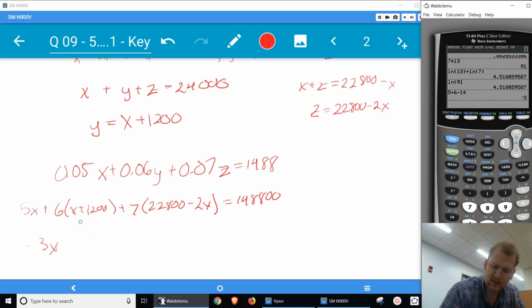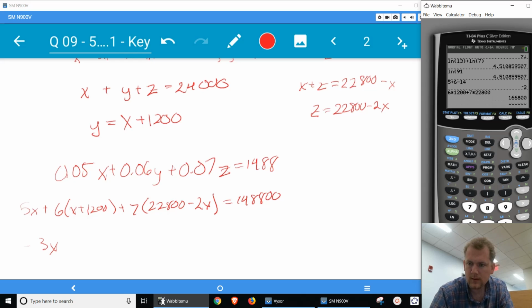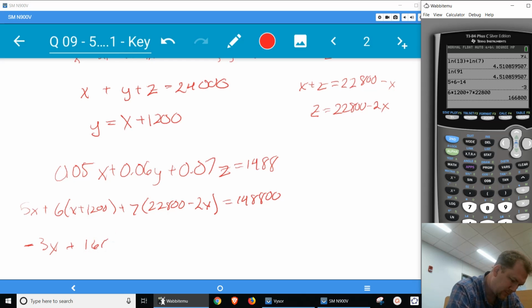Then we have 6 times 1,200 plus 7 times 22,800. So minus 3x, 6 plus 1200, 7 plus 22,800. So then we have plus 166,800.